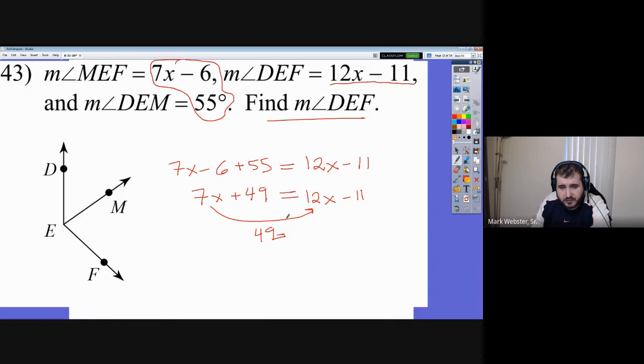So 12 minus 7 is 5. I'm going to take the negative 11 and add it over here. So 49 plus 11 is 60. And I'm going to finally divide by 5 to get x by itself. 60 divided by 5, that better be 12.